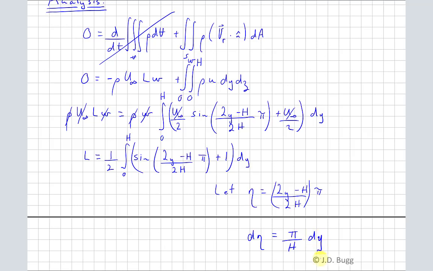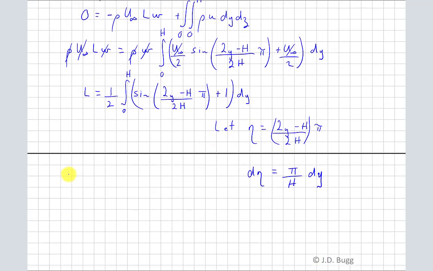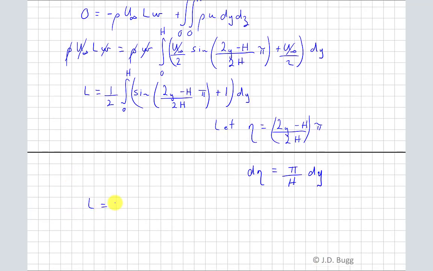So now I can rewrite with this substitution. L equals 1/2, and we'll talk about the limits of integration in a minute, sine eta plus 1, and in place of dy, I put d eta times h over pi. So h divided by pi d eta.